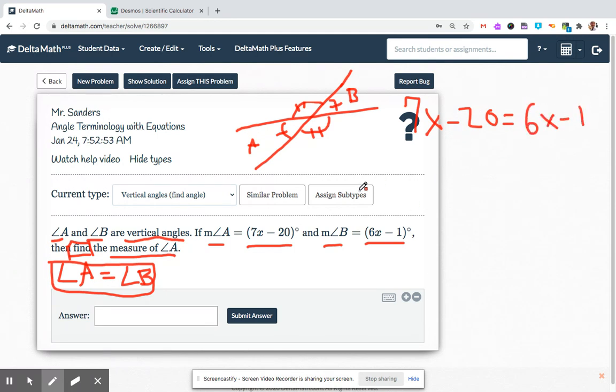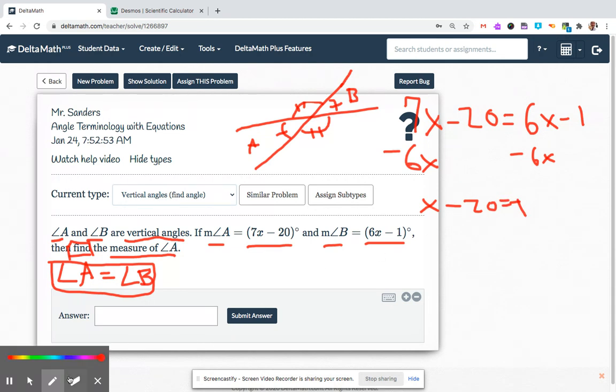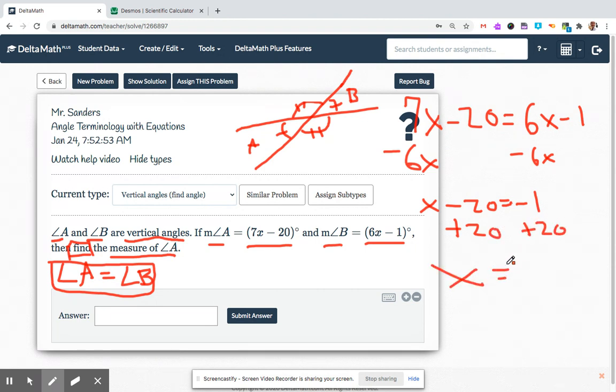Then just solve for x. Put all our x's on one side. I try to keep it positive if I can. Not a big deal if you don't, just one less step. Rewrite everything. Add 20, add 20. X is equal to 19.